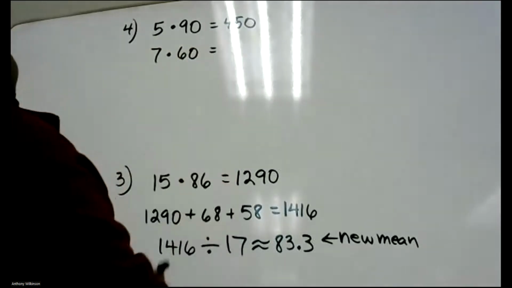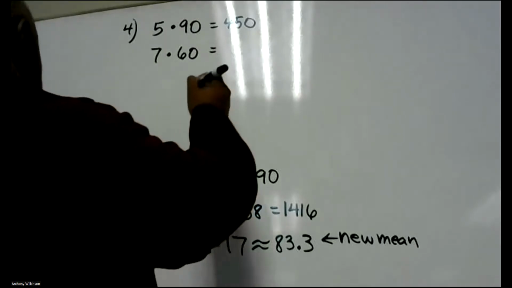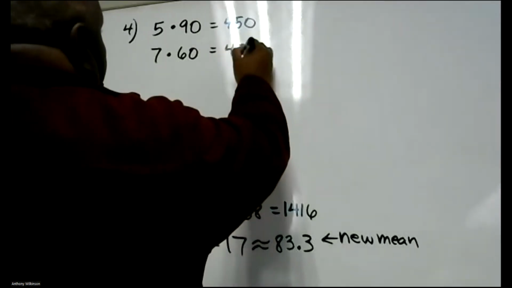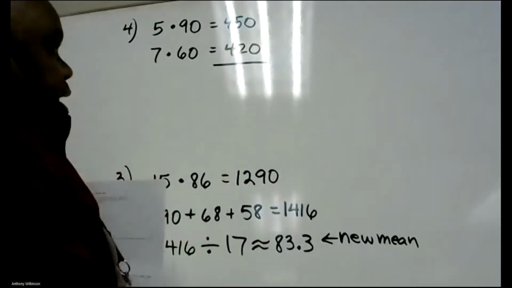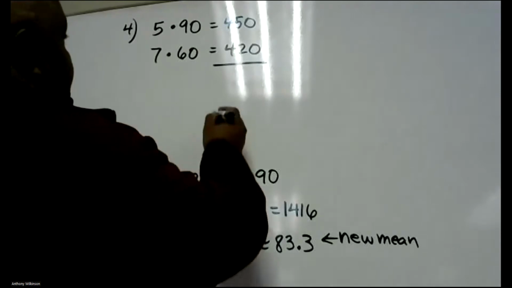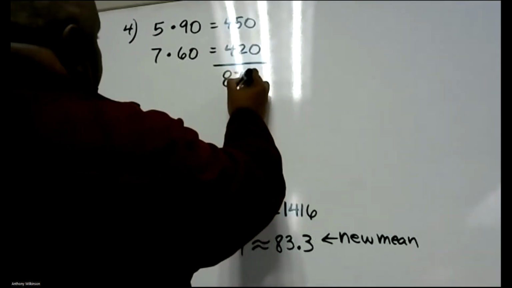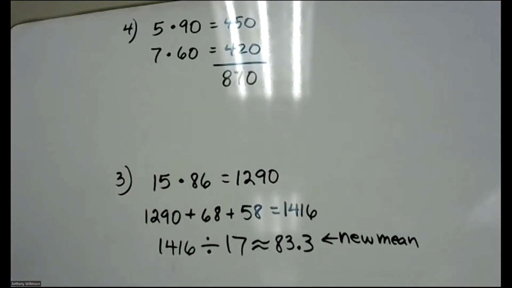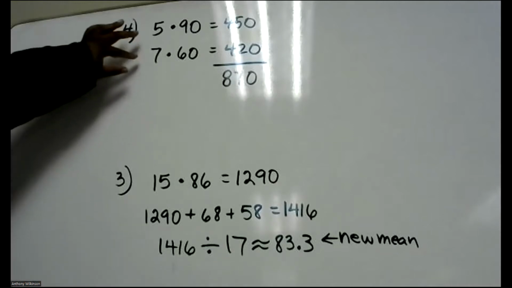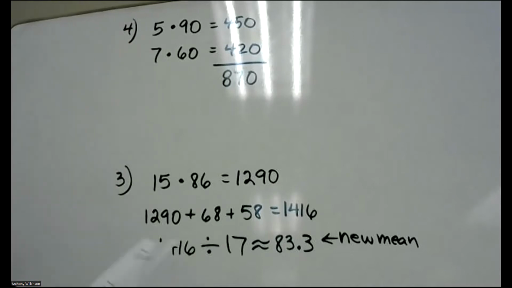And then you got 7 students who scored a 60 on the test. So what's 7 times 60? 420. Now let's add 450 and 420 together. Should get 870. And then how many students took the test? 5 and 7 is what? 12.